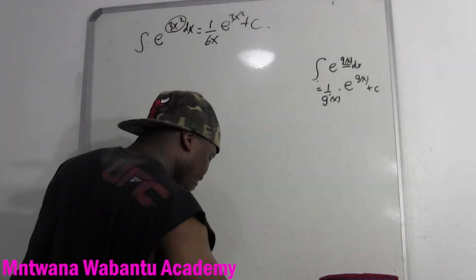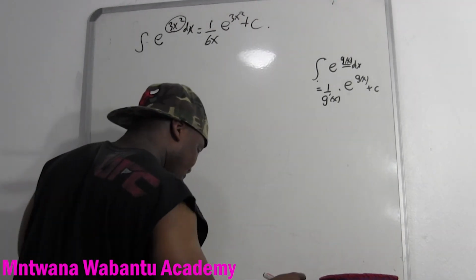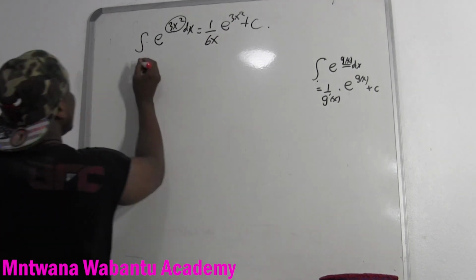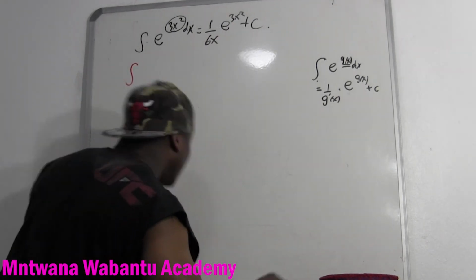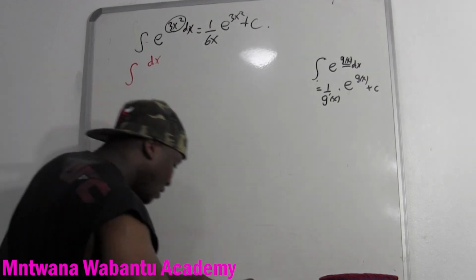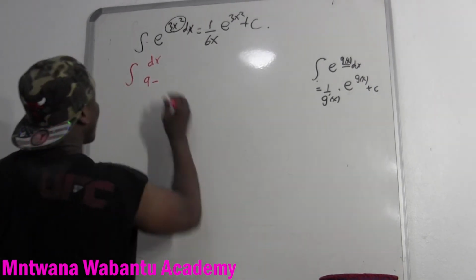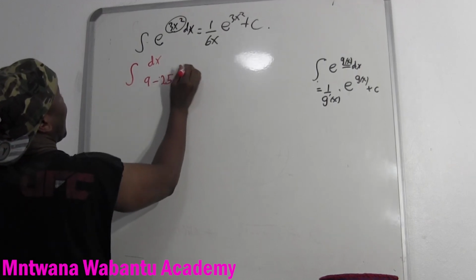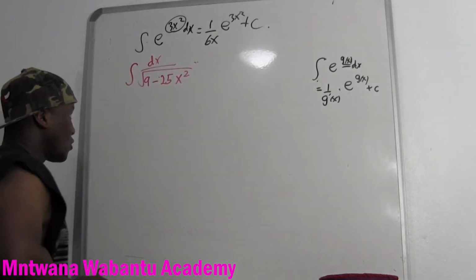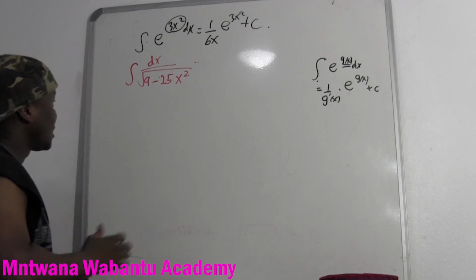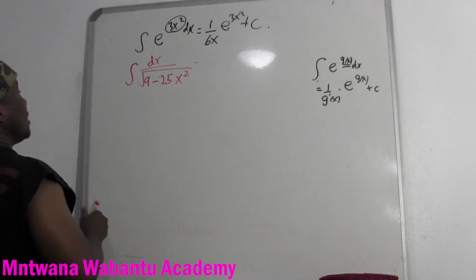The next one says the integral dx over 9 minus 25x squared. What we're going to do is a sine substitution.